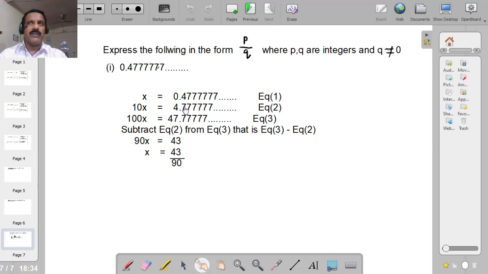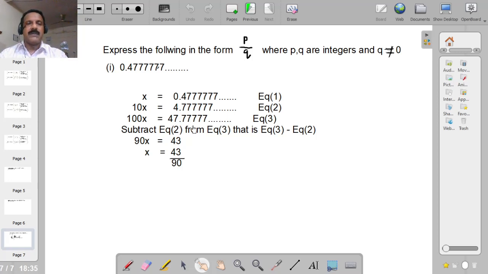So here m is equal to 1, and 10 raised to 1 is equal to 10. So we will multiply both sides by 10. We multiply 10 into 10, giving 100x. When we multiply 4.7777 with 10, we get 47.777.